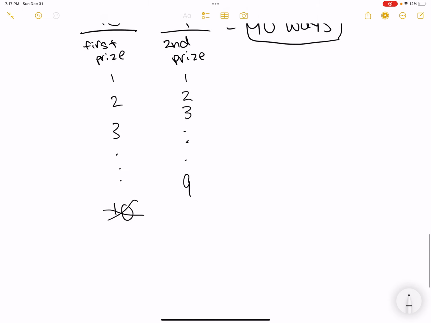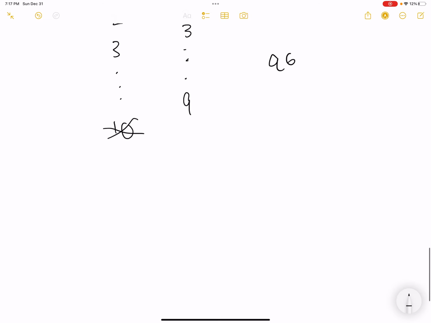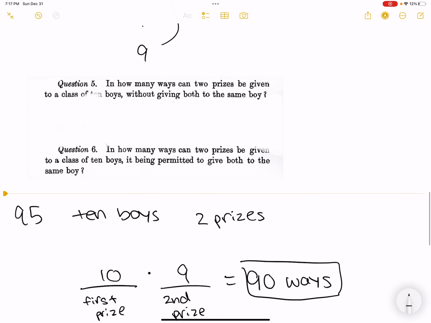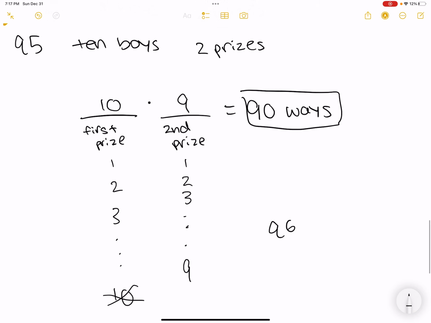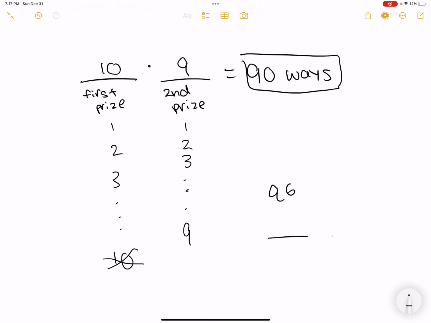For question 6, it states, in how many ways can 2 prizes be given to a class of 10 boys, it being permitted to give both to the same boy? So it's the same number of boys and the same number of prizes. But the only thing that they said differently is that both prizes can be given to the same boy.